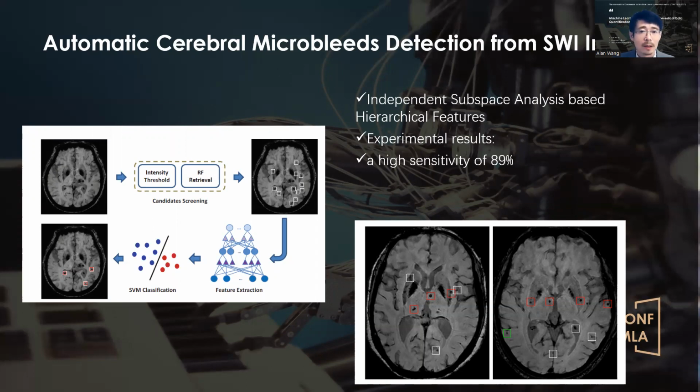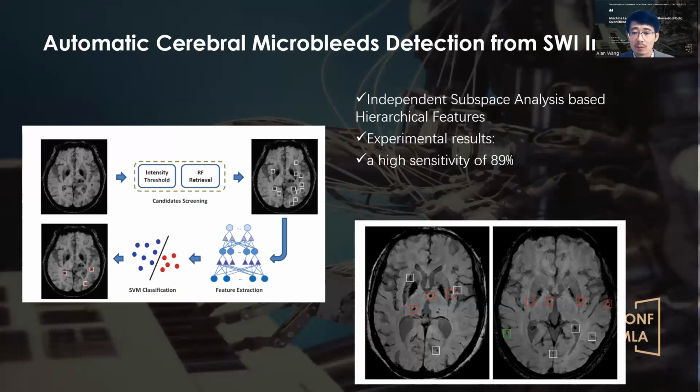By applying the deep learning algorithm, we can first identify the possible candidates, as shown in the squares in the left figure. Then within these candidates, we apply the support vector machine to further classify which candidates are real cerebral microbleeds. Then the accuracy can be further improved.